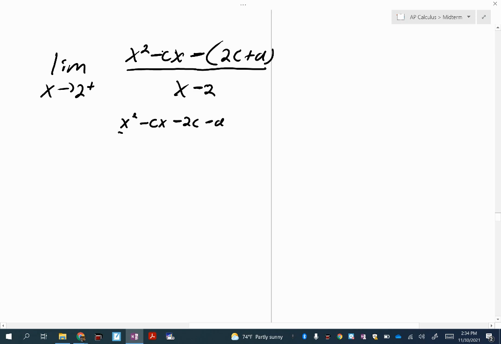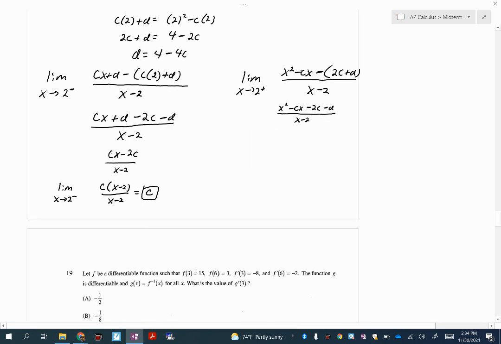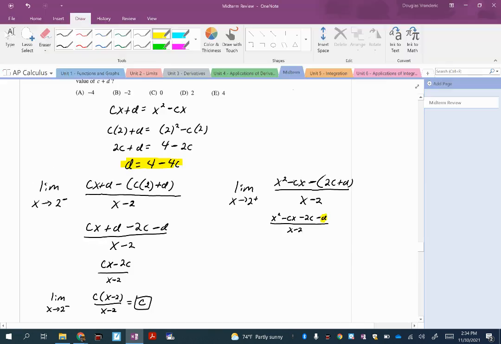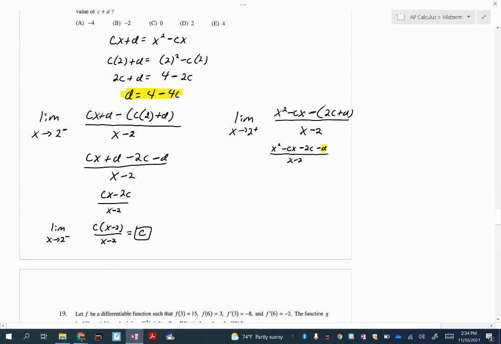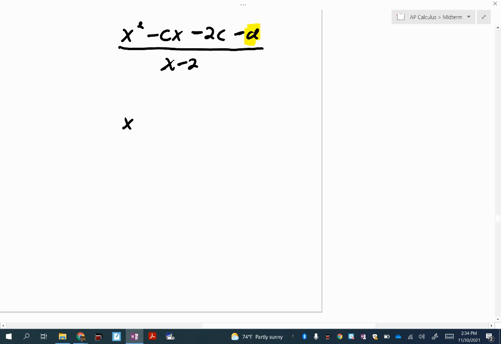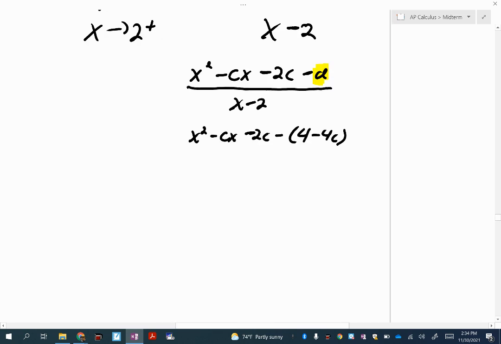But now what you'll notice is that I'm not going to be able to cross out anything, so I'm going to plug in this for d right there. So I'm going to plug in 4 minus 4c, and I'm just going to ignore my denominator for a little bit until I'm ready to bring it back. So x squared minus cx minus 2c minus 4 minus 4c. Confirm I got that? Yep.